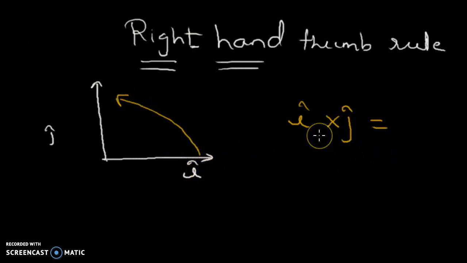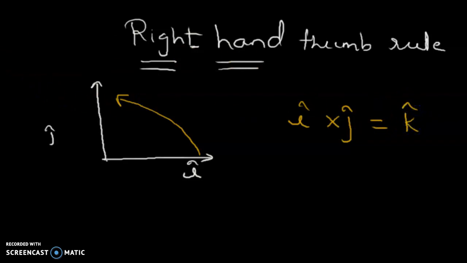So your thumb will point outwards. Do this in the plane of the screen. If you move the fingers of your right hand from i cap to j cap in the plane of the screen, your thumb points outwards towards you, and that direction is actually k cap.